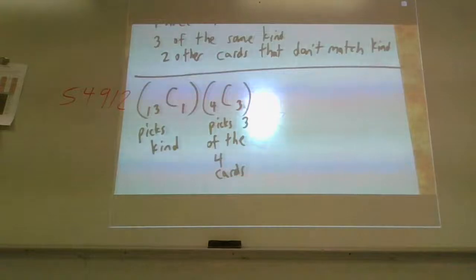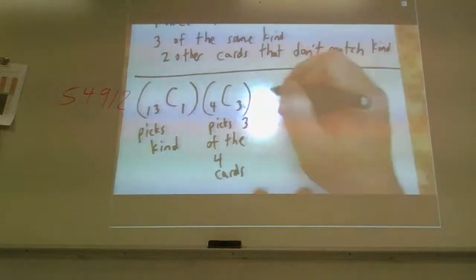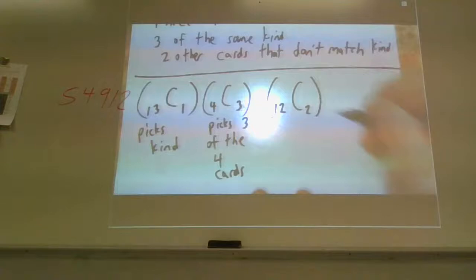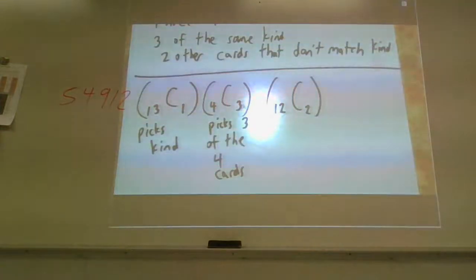So now I have to pick the other 2 cards. But they can't match. They can't match each other. This gets a little tricky. Look at this calculation right here that I just wrote out.